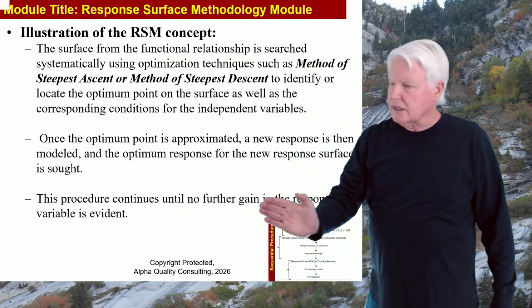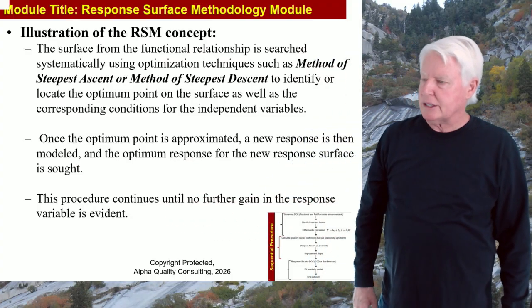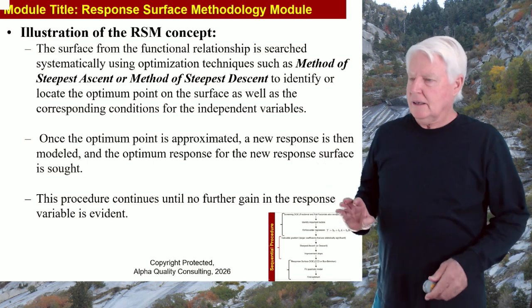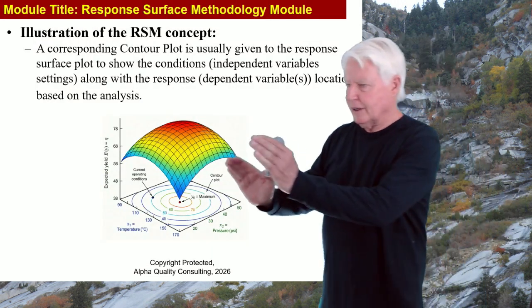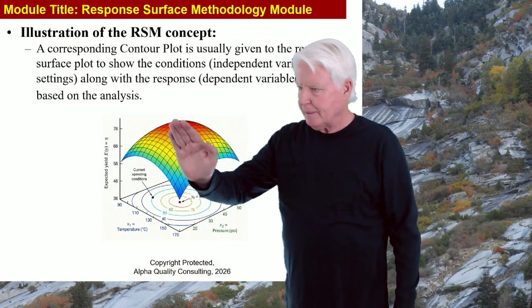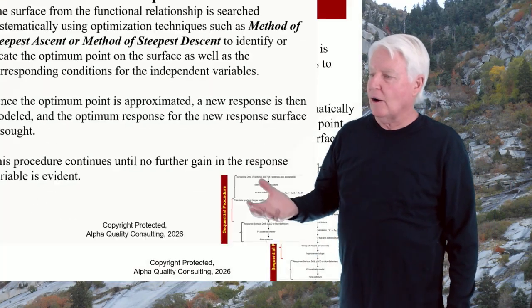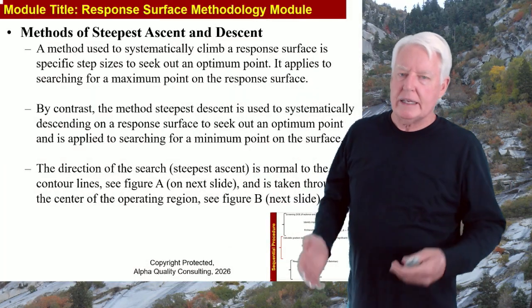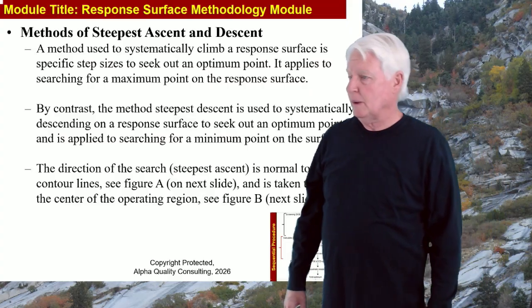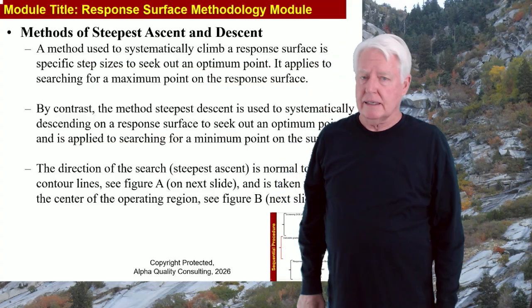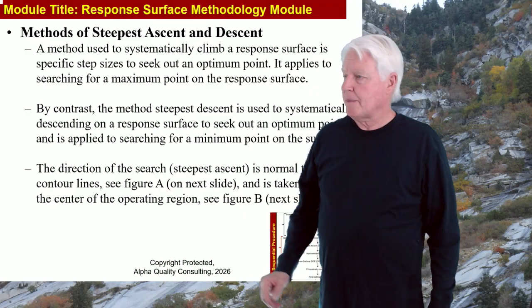This procedure continues until no further gain in the response variable is evident. So, you kind of poke around on this curve to find out where that optimum is. Again, we're going to show you the methodology to reach that goal with as few data points as reasonably possible, and still give you good confidence that you can predict things.